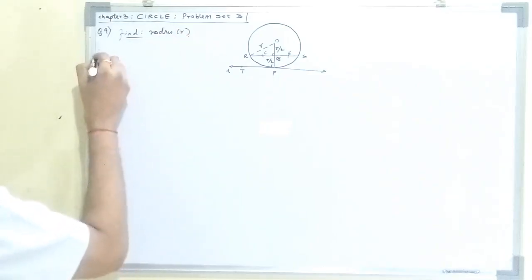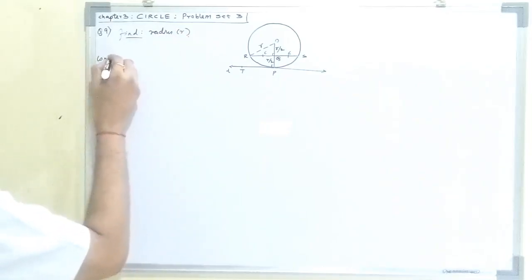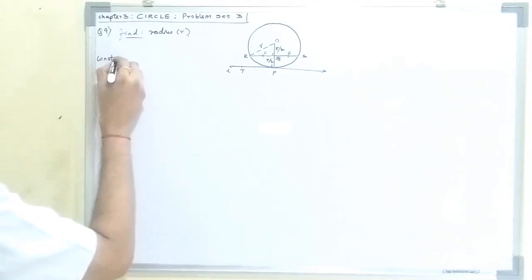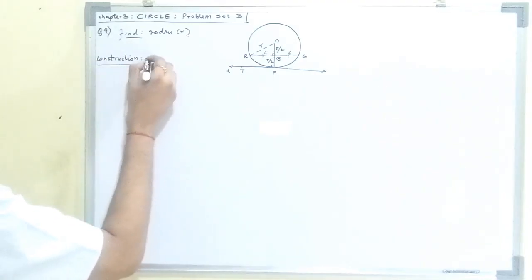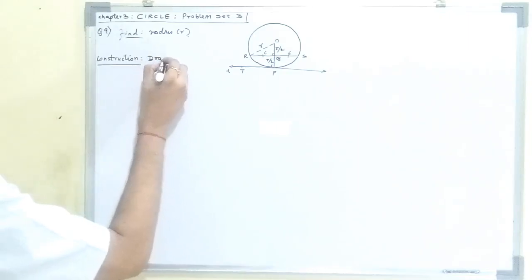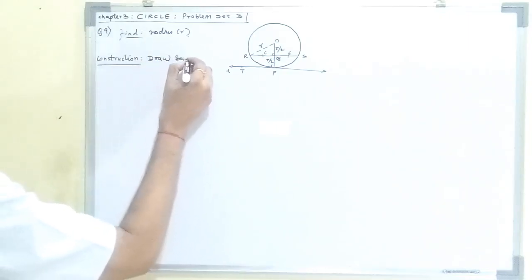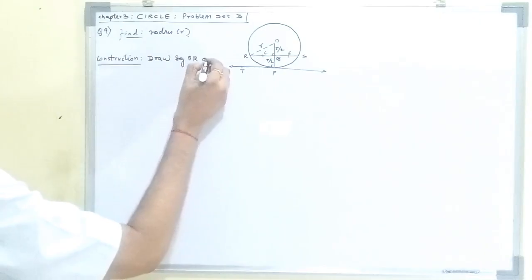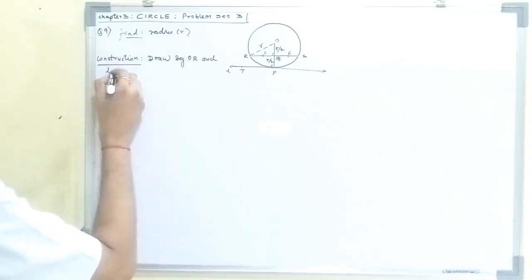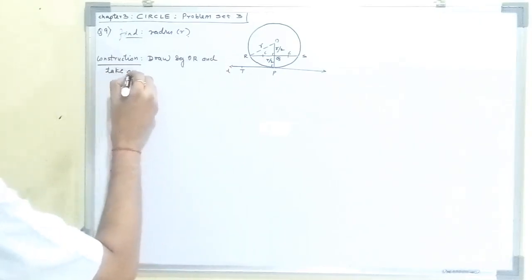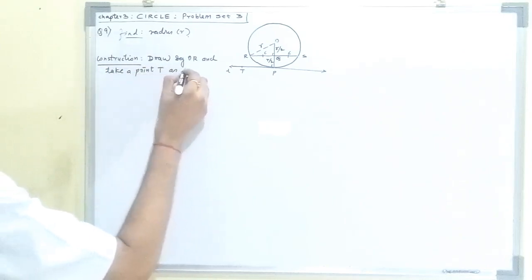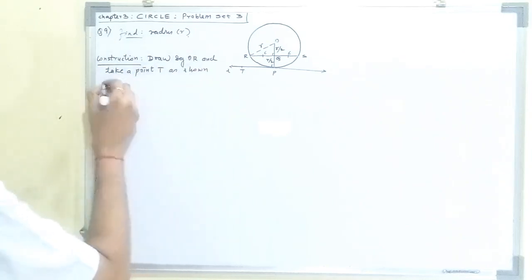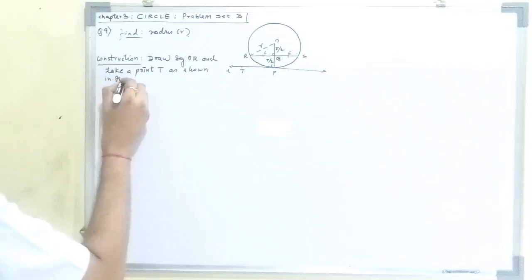Okay. Our construction is draw seg OR and take a point T as shown in figure.